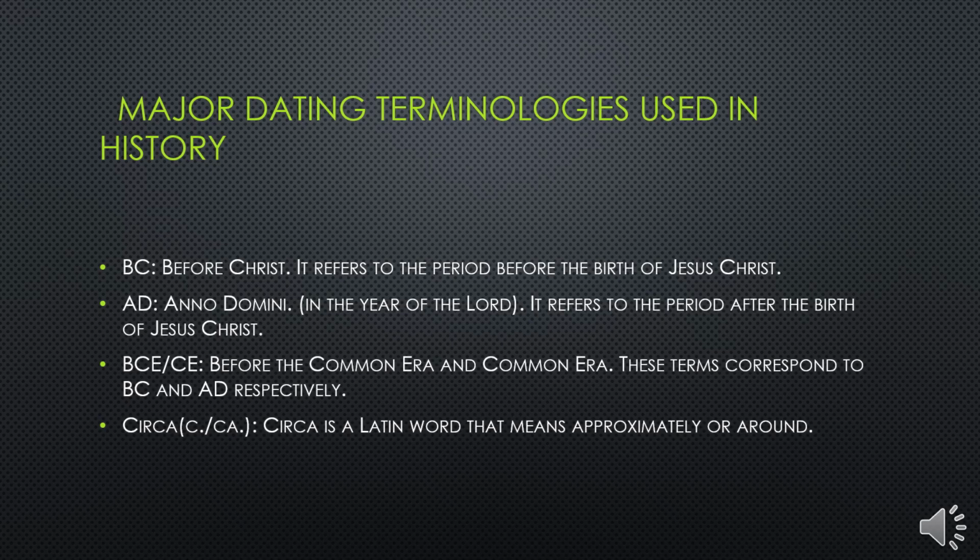That is what we mean by Circa. You don't even know the exact date, but you use this to make it closer to the date, around this date or that date. That is what we mean by Circa, c. or ca.